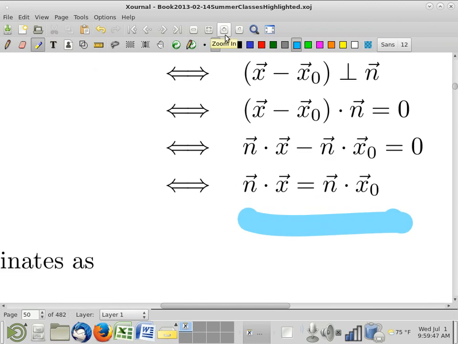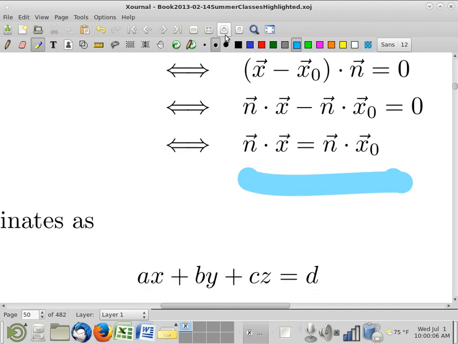The only difference between this equation for a plane in R3 and the previous equation, n dot x equals n dot x naught, for a line in R2 is that these are three-dimensional vectors. It just doesn't show up in how we write it down. Other than that, really the same equation. So being as these are three-dimensional vectors, that normal vector is going to have coordinates.